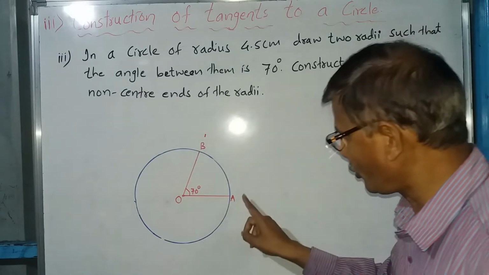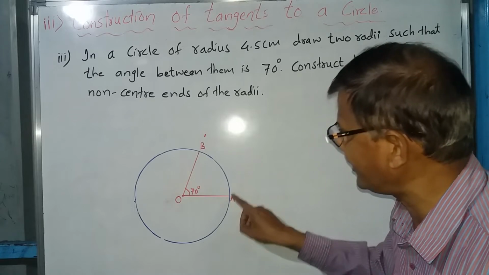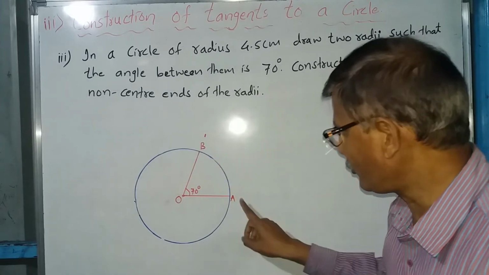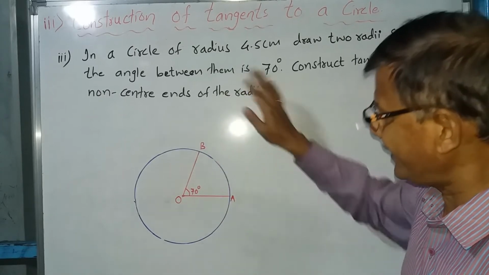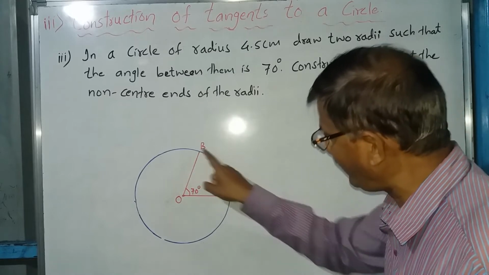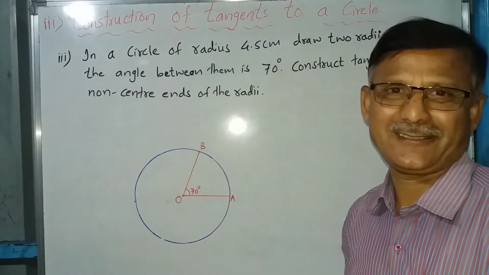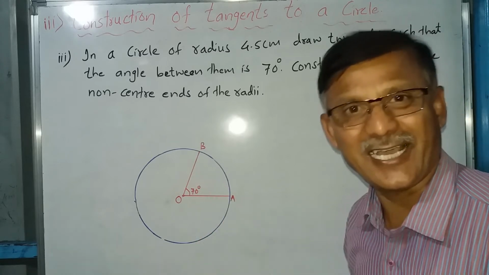They are telling us to draw the tangents at the non-center ends. This is the non-center end, this is the non-center end. It means you have to draw the tangent here and here. So indirectly in the question they have told us to draw the tangents to the circle at two points on the circle. This is the way they have asked the question instead of asking it directly.